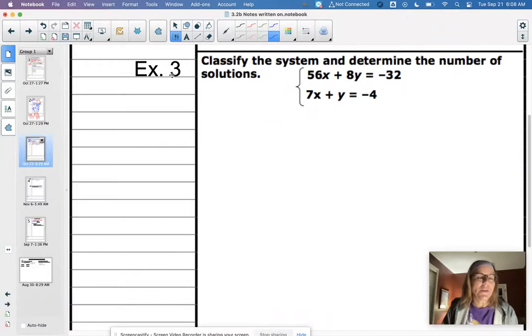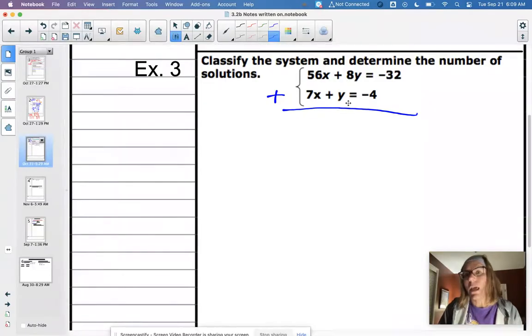So we're going to classify the system and determine the number of solutions. So we're not solving the system, we're going to determine the number of solutions, and we're going to use elimination. The x's won't cancel, the y's won't cancel, and I'm going to say, oh, you know what?